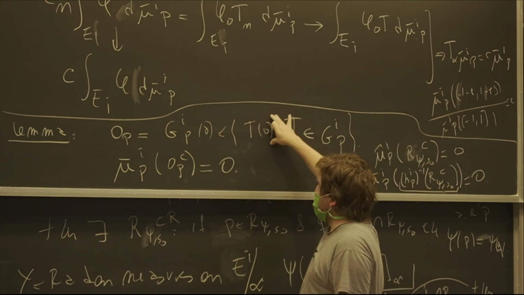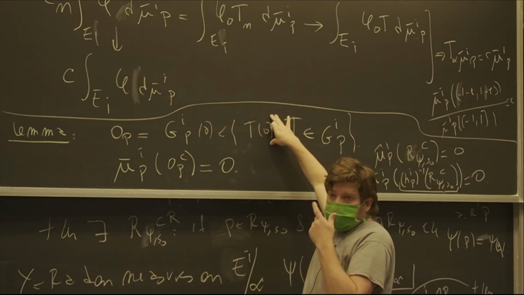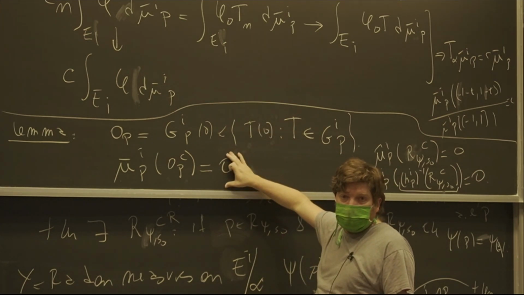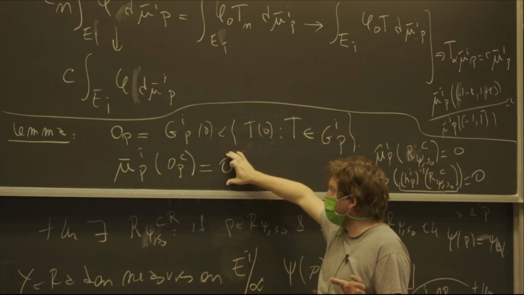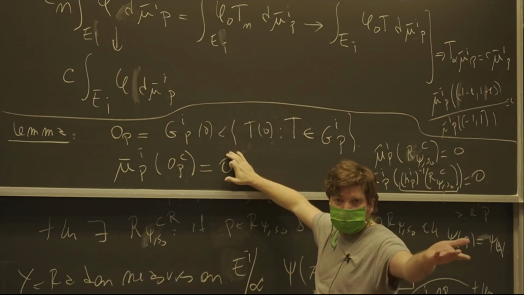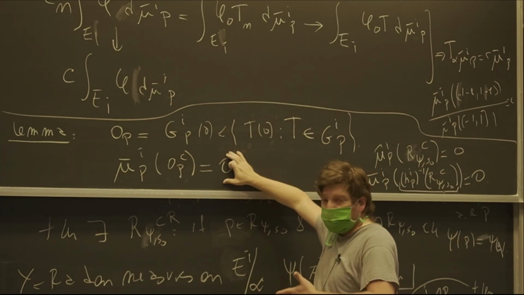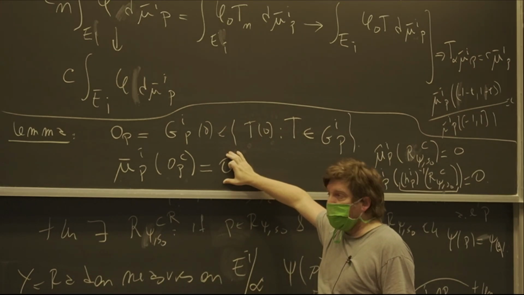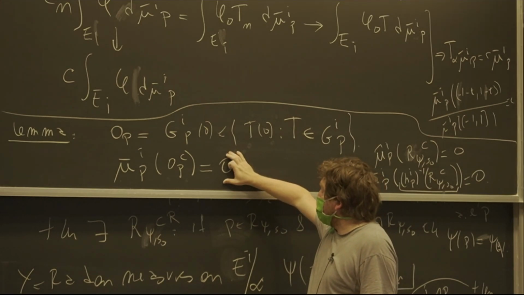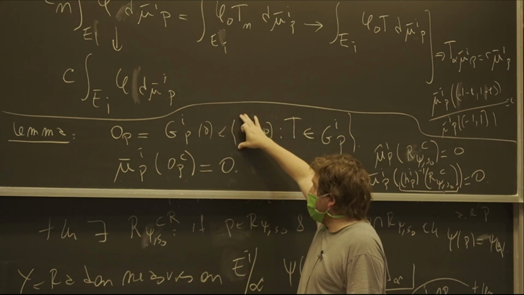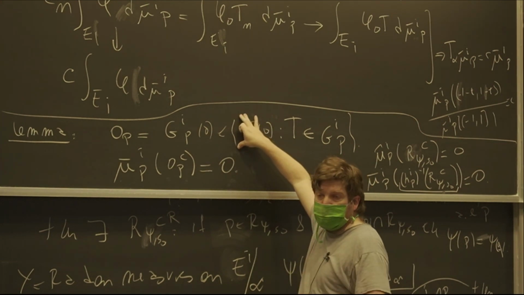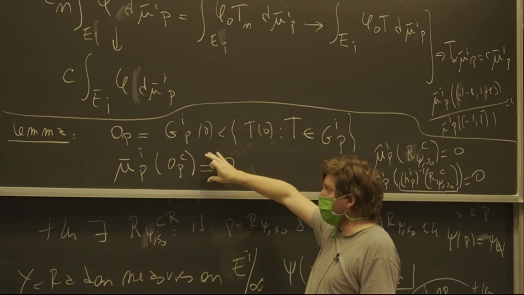Now, the second possibility for a closed group is that this group be discrete, and then this measure will give you 0 measure to the complement of the scaled integers, and again, you will have 0 for the rest. And in the last situation, of course, OP will be all of R, but then this measure is Lebesgue.